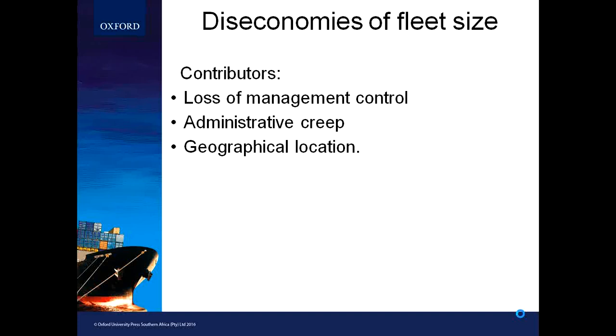So this administrative creep is what we are talking about. And location, or geographical location: when a fleet initially commences business, it will probably be at a location close to the optimum.